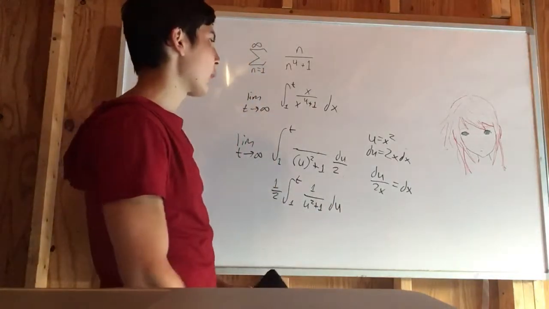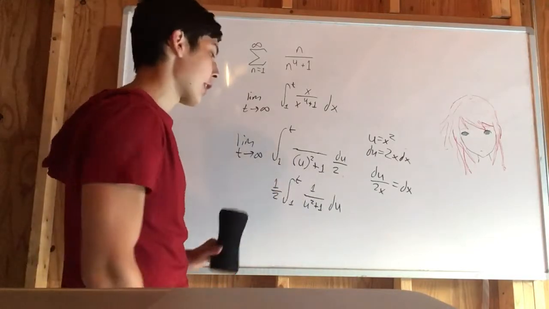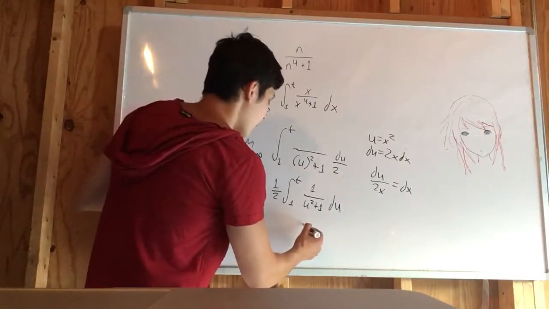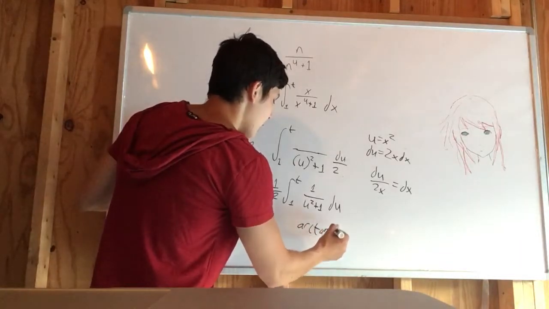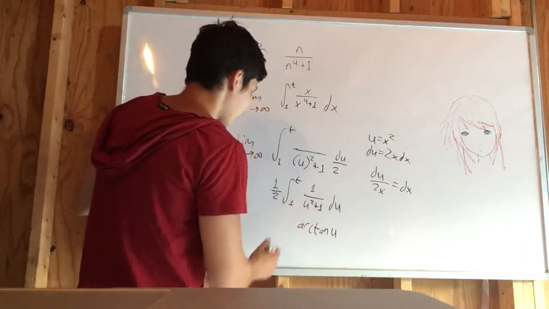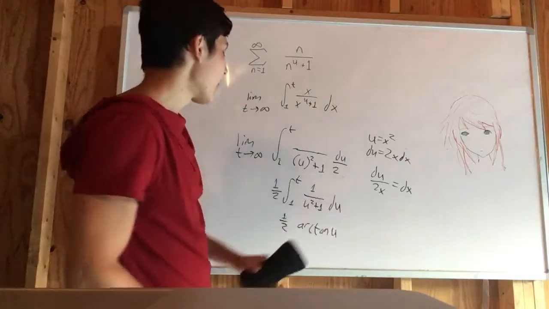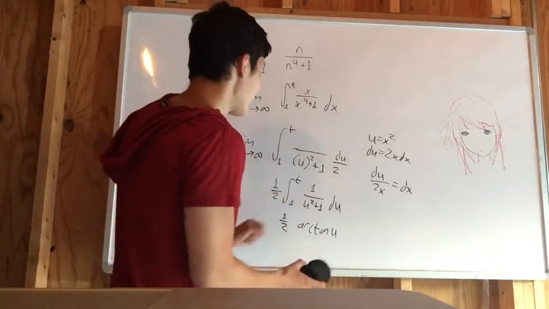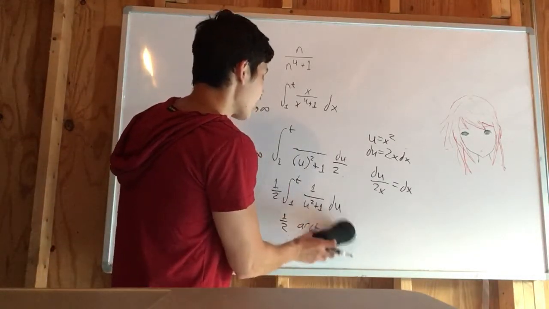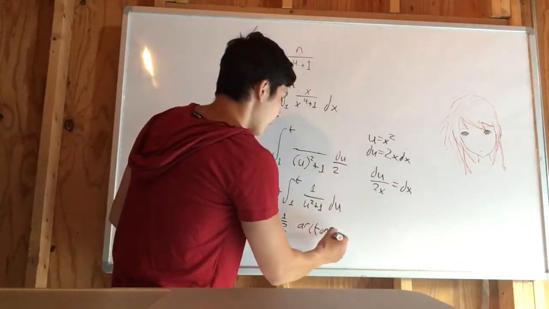Now we have exactly that form I showed you earlier. This is just arctangent of u. Once we evaluate that integral, we get arctangent of u, and 1/2 multiplied to that. We can make our substitution back because we didn't change our bounds. We just have to now change back to x squared.